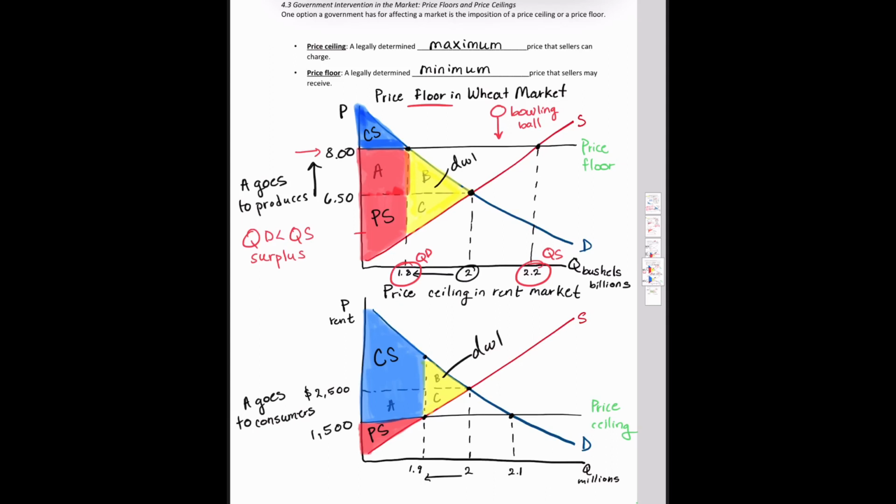If we look at our rent ceiling, we have a quantity demanded now at 2.1 and a quantity supplied now at 1.9. Since your quantity supplied is going to be less than your quantity demanded, we're going to see a shortage.